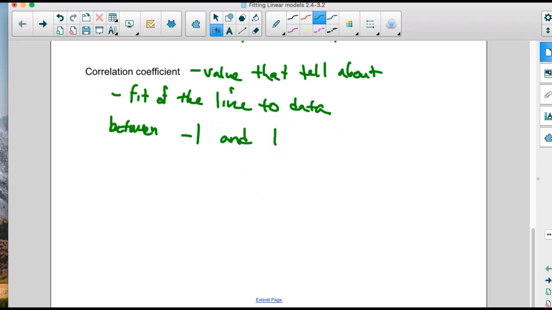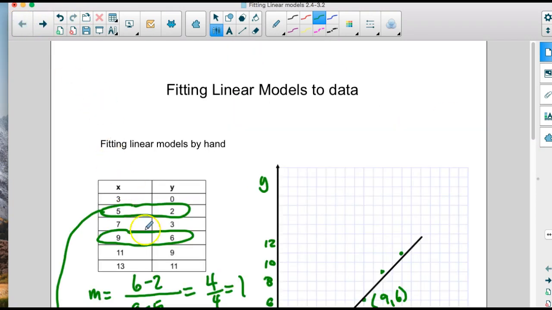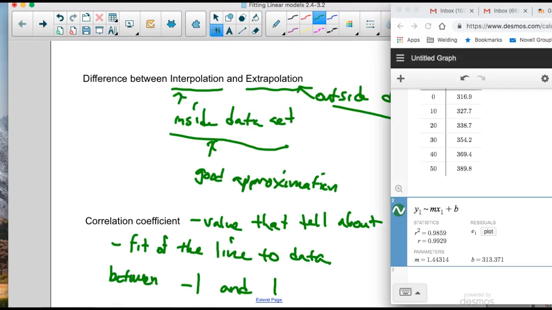Now if we go back to this example, if we went back to the Desmos itself, we have this value right here, this R value. That is the correlation coefficient. So in the problems, the R value is that number, and this number is 0.9929 in this example.